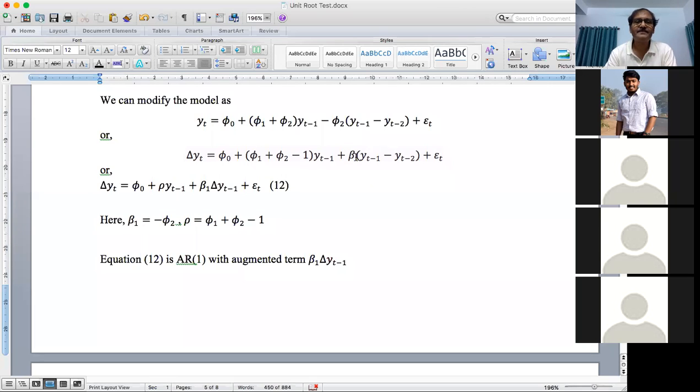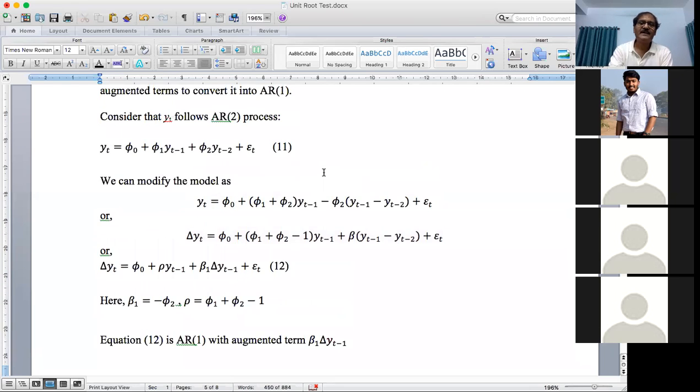This should be beta 1. We write beta 1 for a reason: later when we extend the model, to keep similarity, change it to beta 1, not beta. So this beta 1 and this beta 1 are the same. So this is an error here.